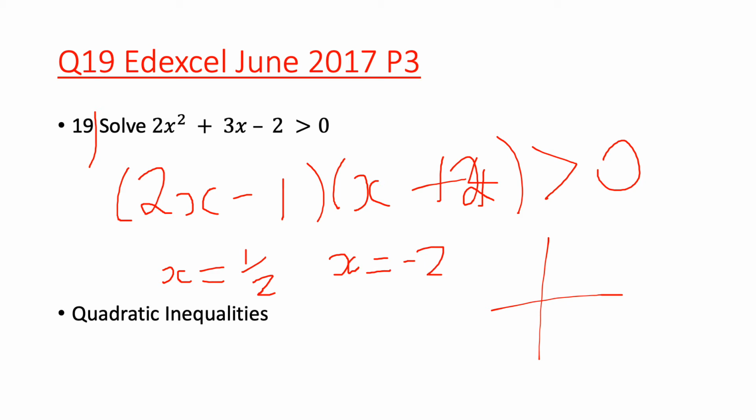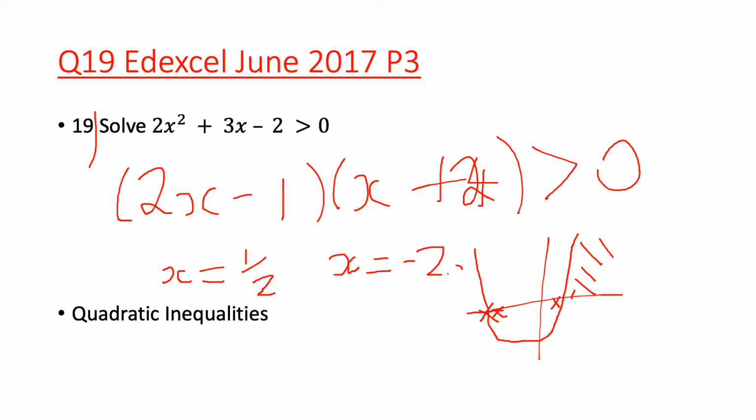Which means that if we look on here, it would look something like this. So that will be where it crosses on the x-axis. Now it's saying that when it's bigger than 0, so that means it has to be above the x-axis.